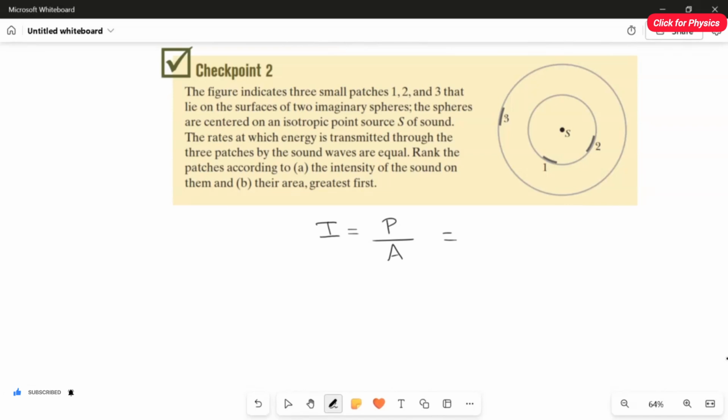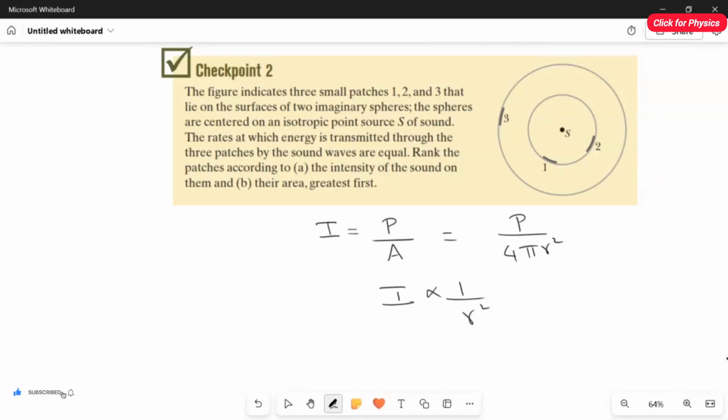The surface area of the sphere is 4 pi r square. If you substitute this area, we can write the intensity as power over 4 pi r square. So let's see the relation between the intensity and the distance. Here the intensity has an inverse relation with the distance square.